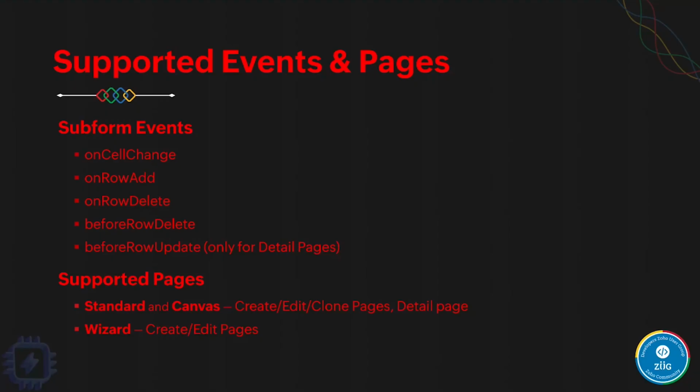So when you start using subforms in client script, just make sure you work in a page or a layout that already supports client script with subforms, right? Or else it's just going to be a lot of breaking your head over why it's not working, right? So these are the subform events. In today's use cases, we'll be using a lot of these events because, of course, we want to demonstrate how easy it's going to be when client script supports subforms.